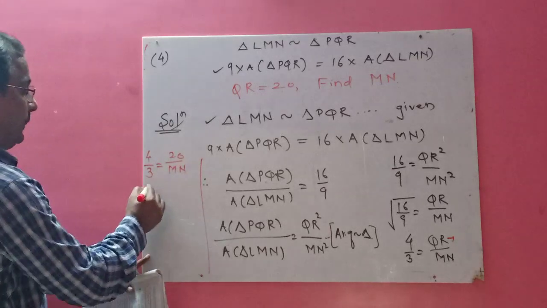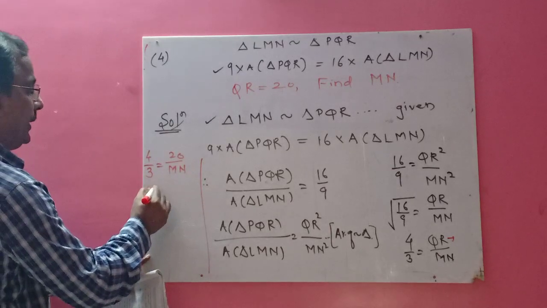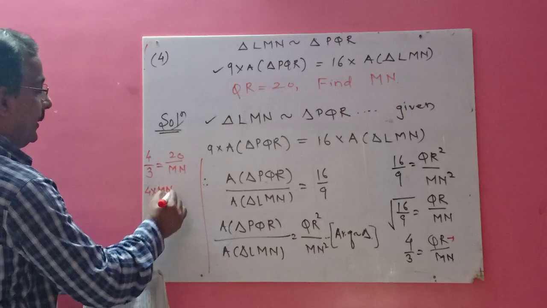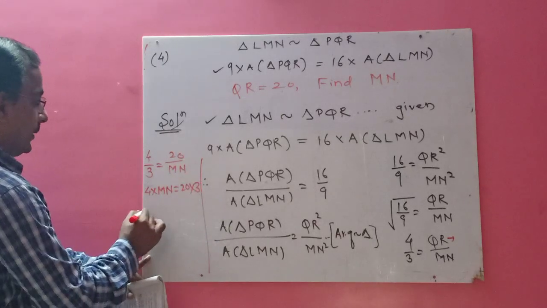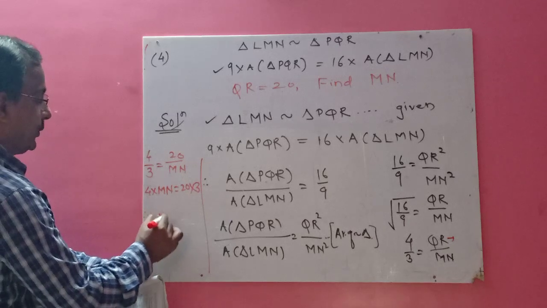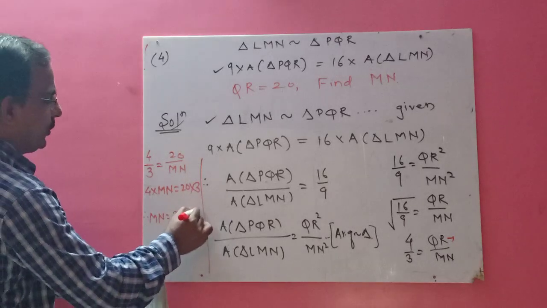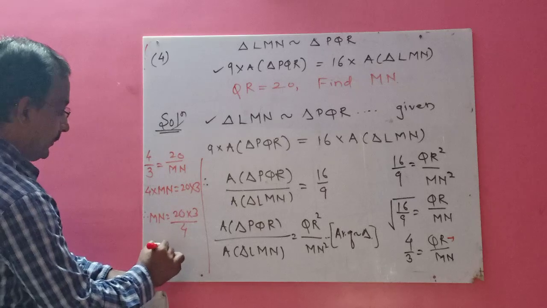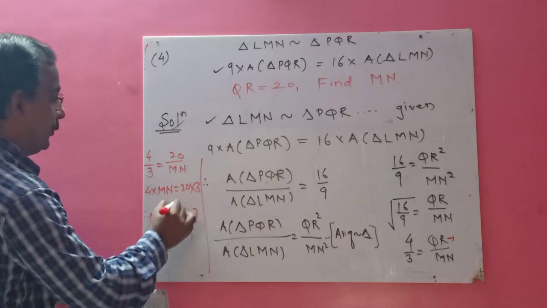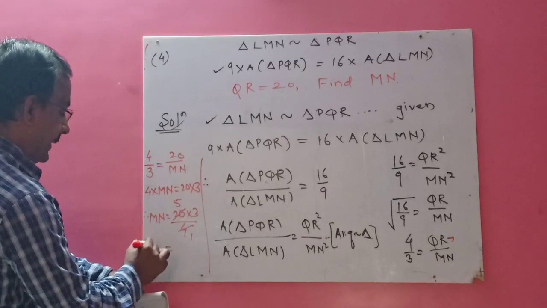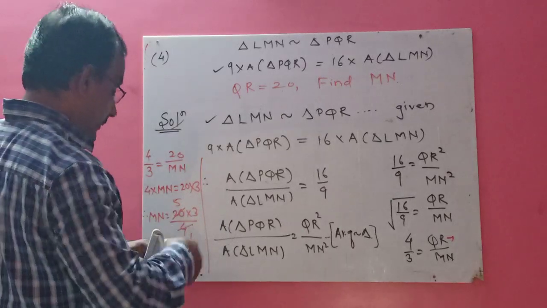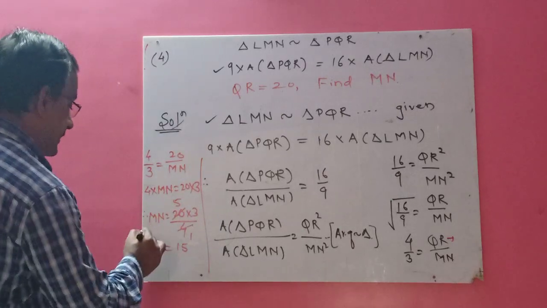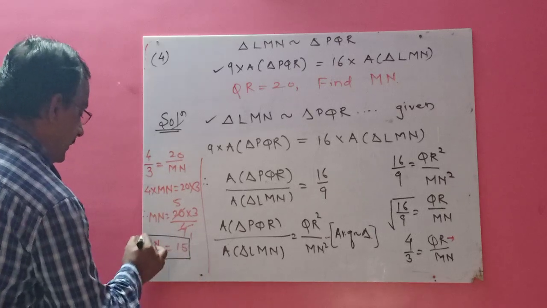And do cross multiplication. 4 into MN is equal to 20 into 3. Therefore, MN is equal to 20 into 3 upon 4. 4 ones are 4, 4 fives are 20. So MN we got here 15. This is your final answer, MN.